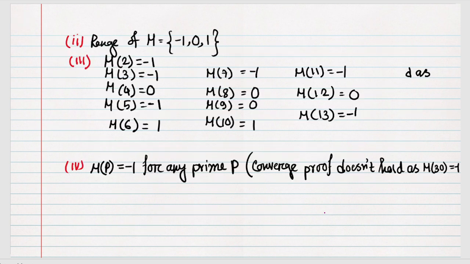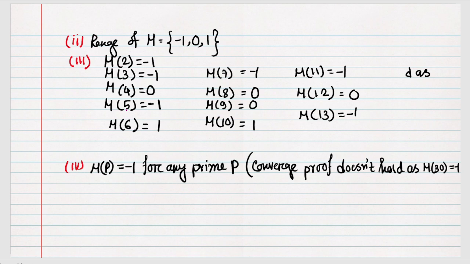Our second remark is that the range of mu is always from -1 to 1, including 0. By our definition of the Möbius function, the value of mu can always be one of three numbers: -1, 0 and 1.